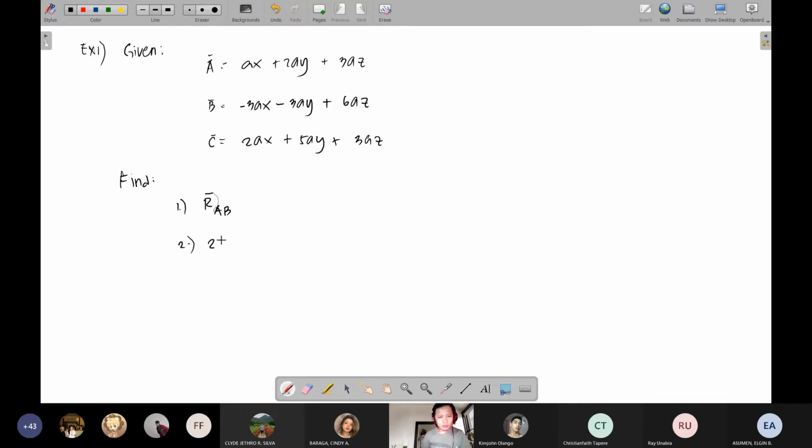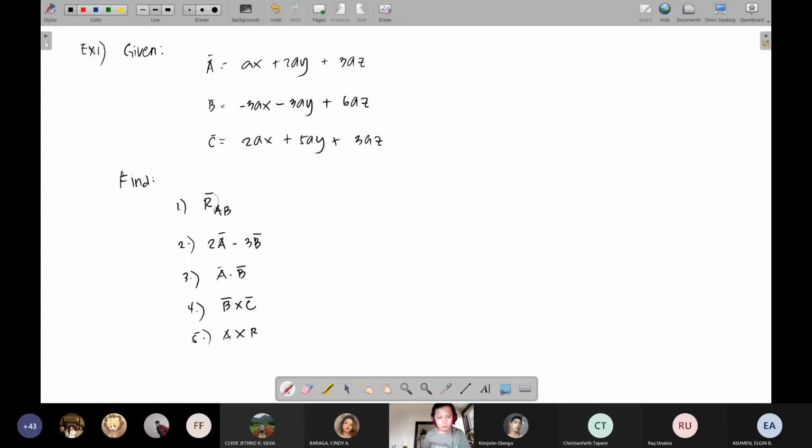First, 2 times vector A minus 3 times vector B. And then, number 3, you have that product, no? That product sa A, B. And then, number 4, cross product. Cross product sa B cross C. Okay, number 5, let's have A cross sa A cross C. Okay.